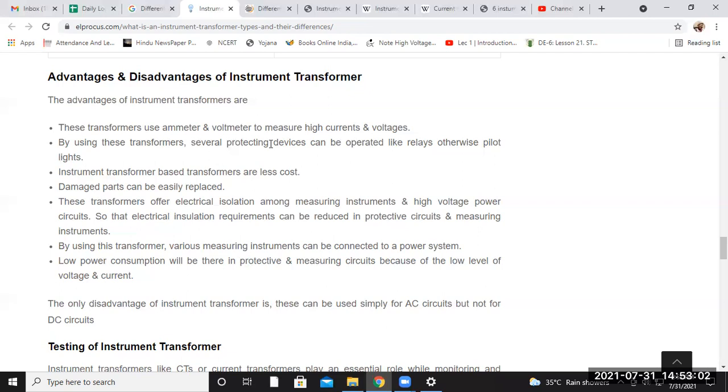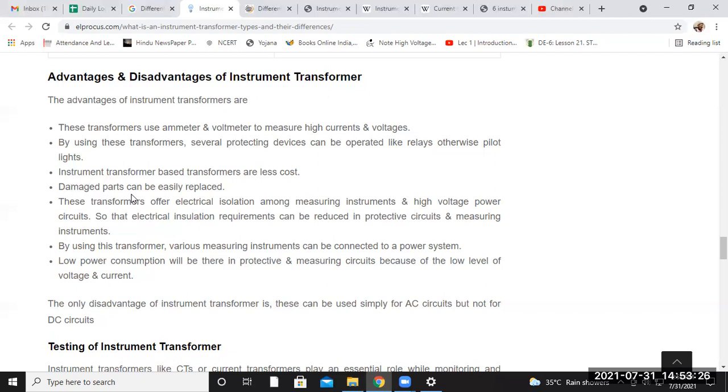So we need a smaller amount of rupees to manufacture those instruments. That's why we can say that the cost of instrument transformers is very much less with respect to other higher value voltmeters and ammeters. So this is the third point.